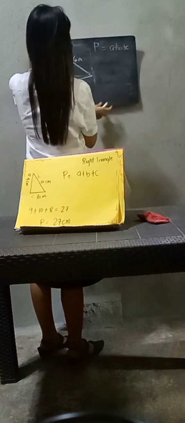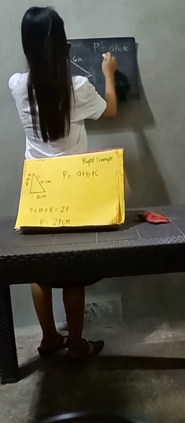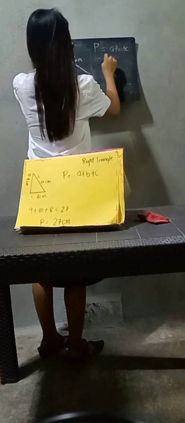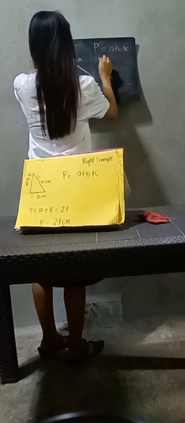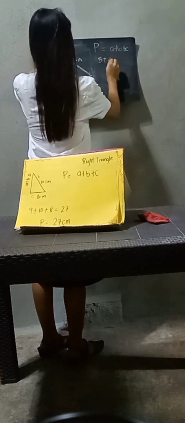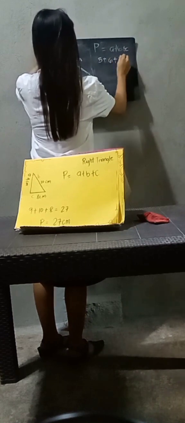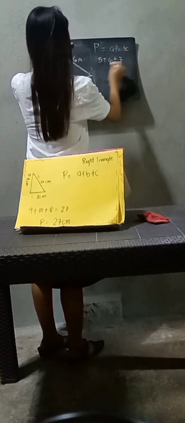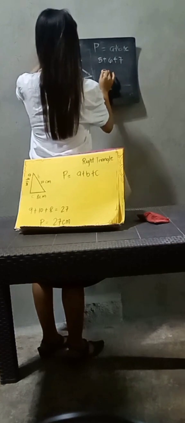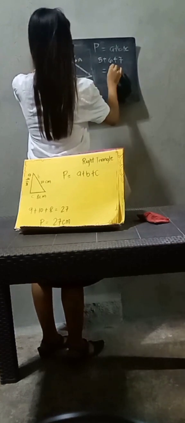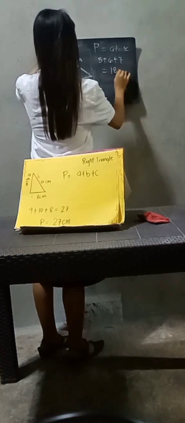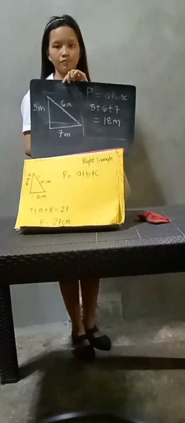So A plus B plus C: 5 plus 6 plus 7 equals 18 meters. Okay, let's move on to the last one.